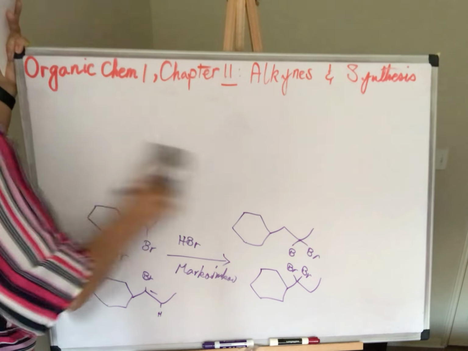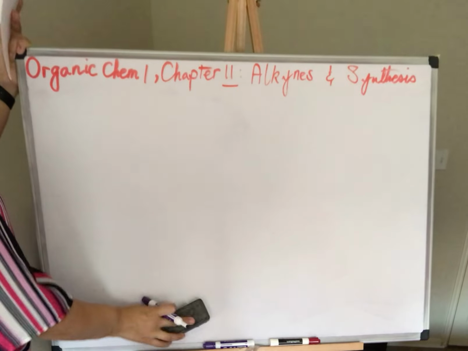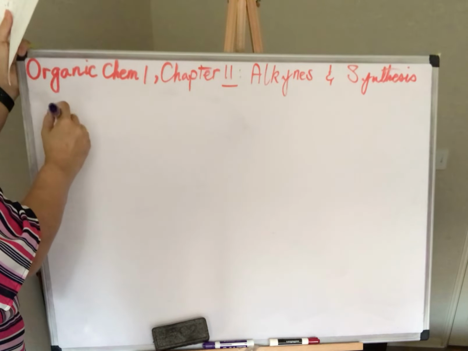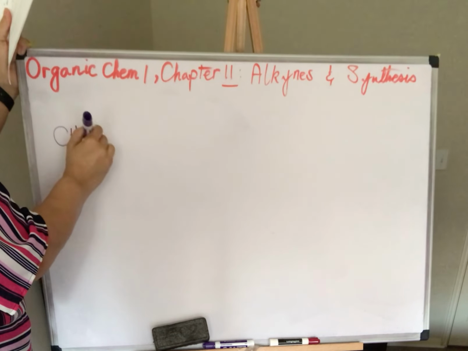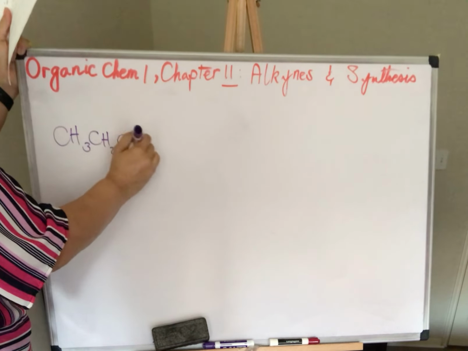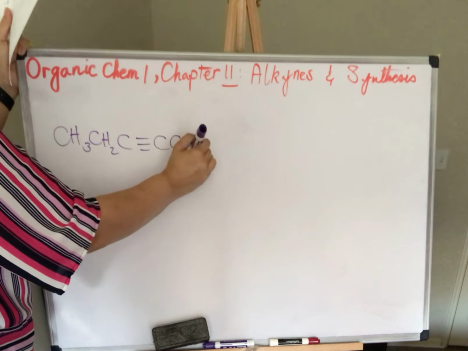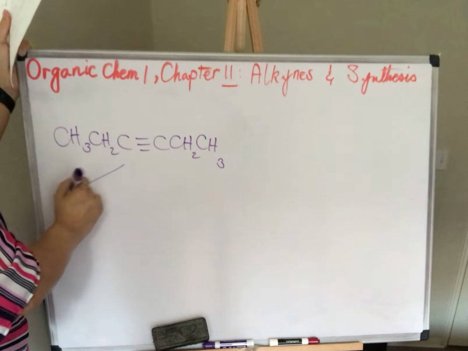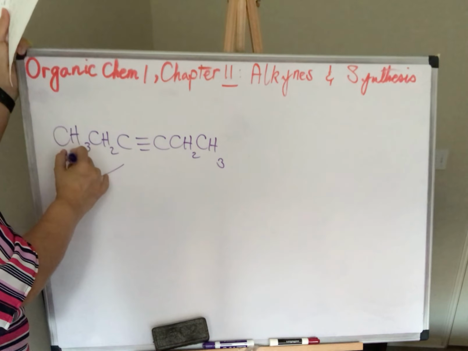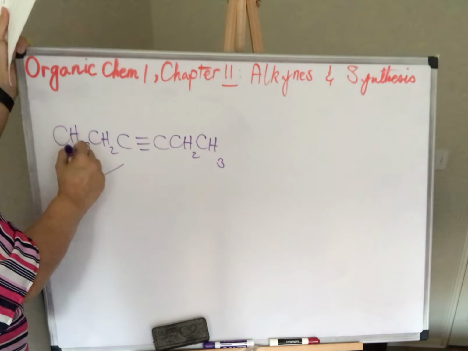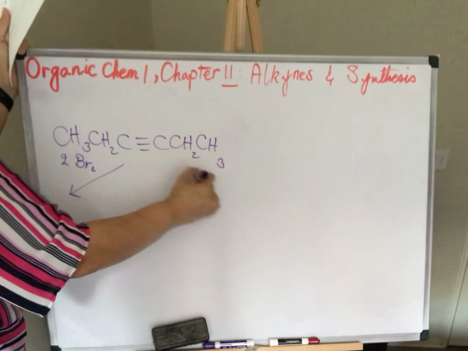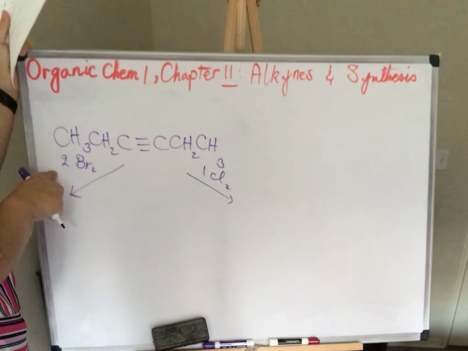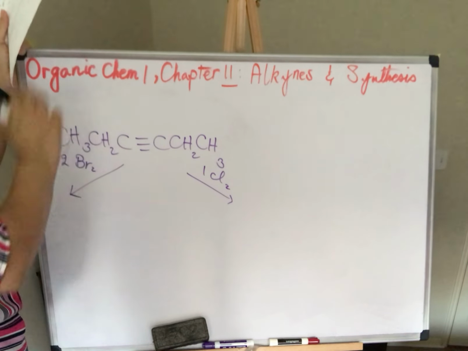And then the next practice is just testing you for understanding the amount of the reagents. So if you have first 2 equivalents of bromine, or 1 equivalent of chlorine. 2 equivalents means you are fully saturating your bonds.